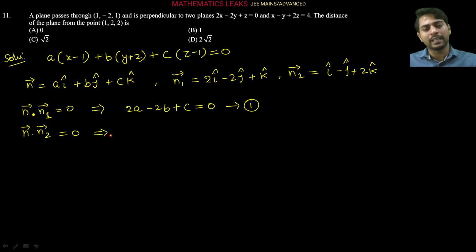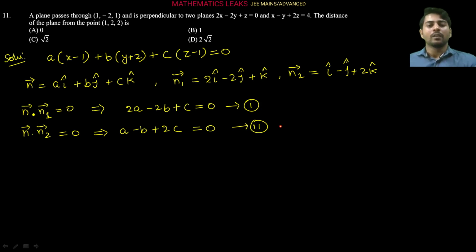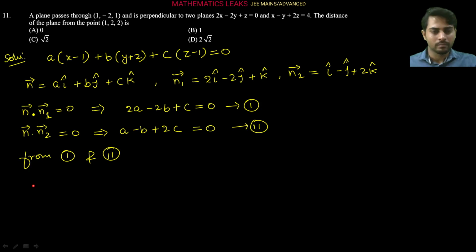So we get a into 1, that is a only, and b into minus 1, that is minus b, and c into 2, that is 2c, is equal to 0. That is our equation number 2. Now from these two equations, we can easily find the ratio of A, B, C.